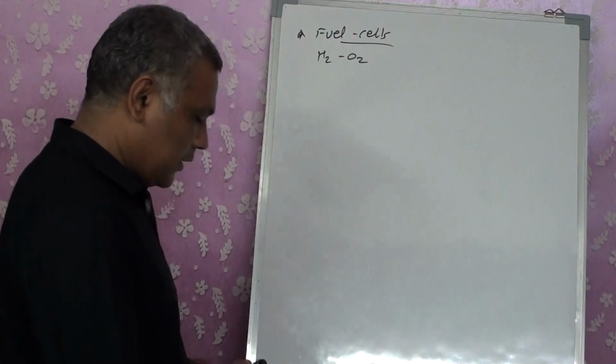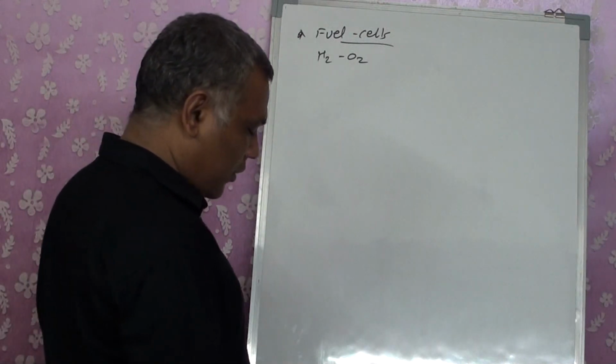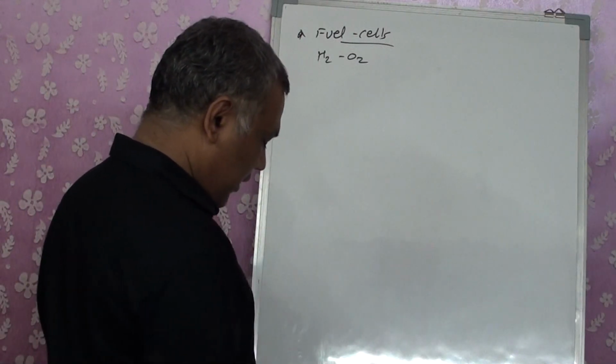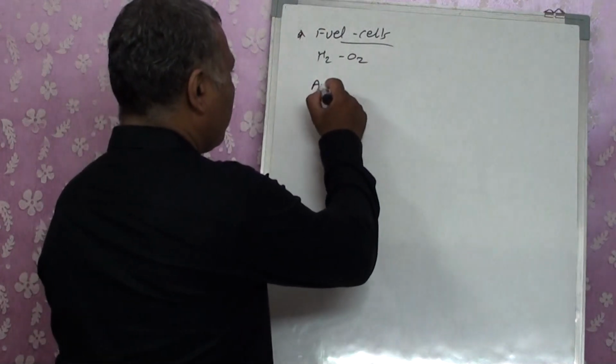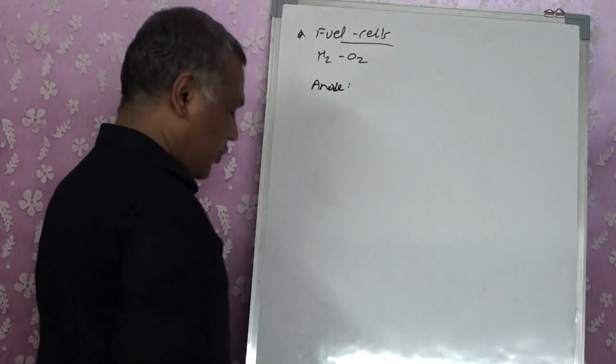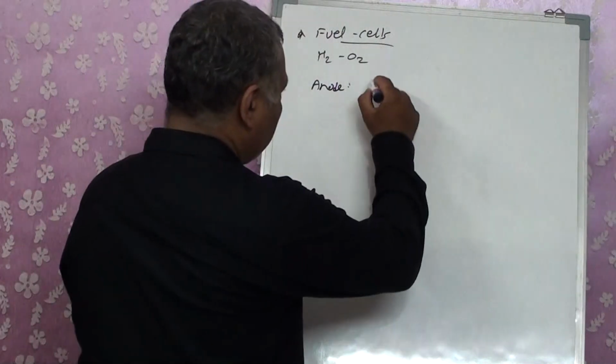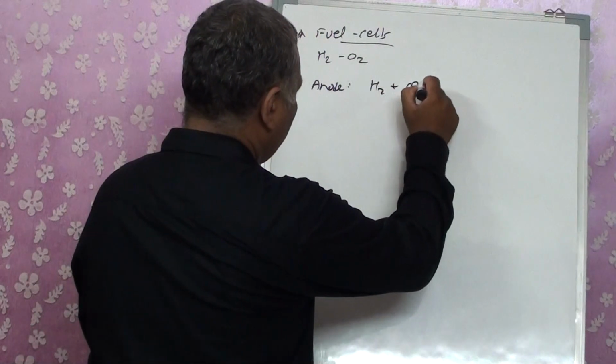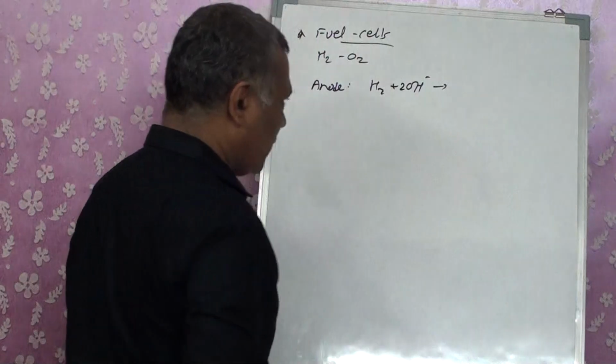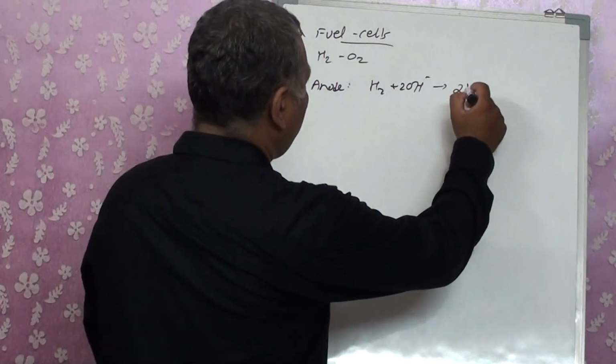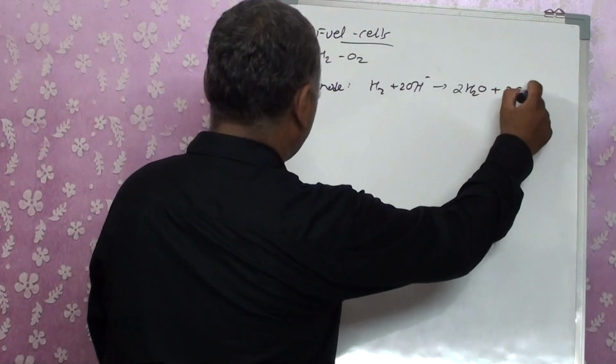The reactions taking place at the anode and cathode are written as follows. For the anode, the reaction is H2 plus 2OH minus converted into 2H2O plus 2e.